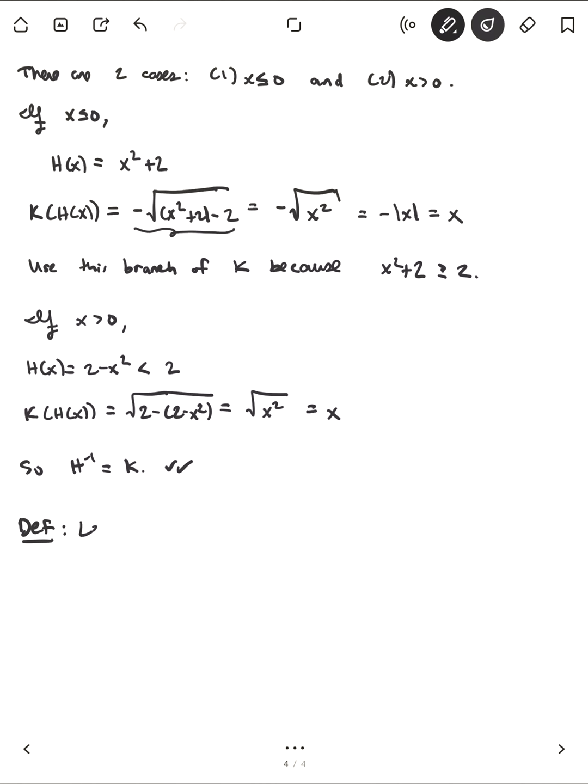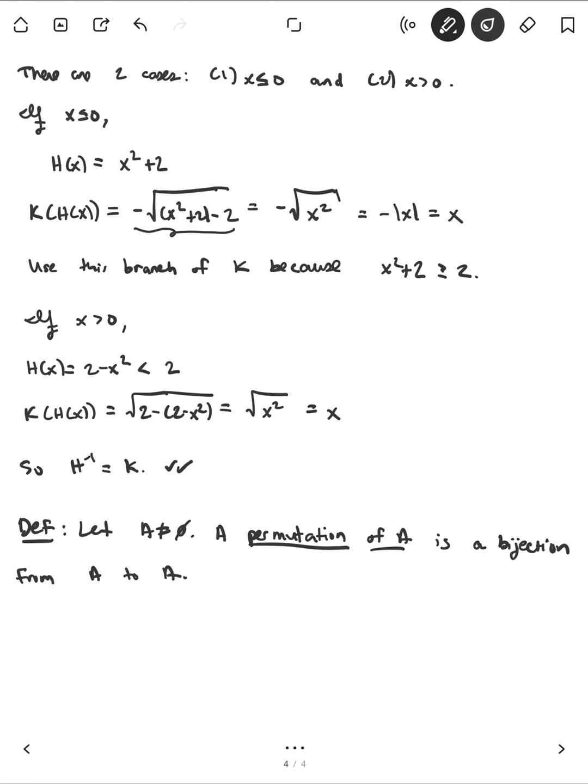So let A be a non-empty set. A permutation of A is a bijection from A to A. So you define a function on a given set, and if that function from the set to the set itself is a bijection, you've actually constructed a permutation.